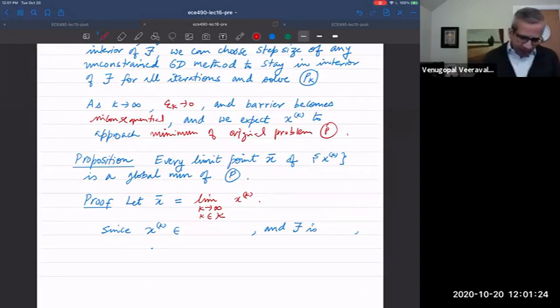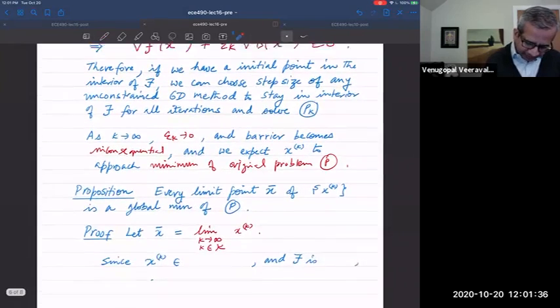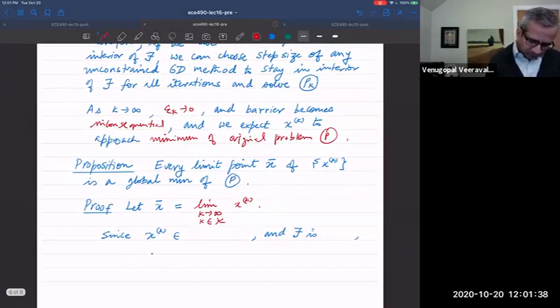Now, we know that xk has to belong to F because this minimization problem is over F, right? So xk is a solution and has to belong to F for all k. And F is closed. We saw that already.